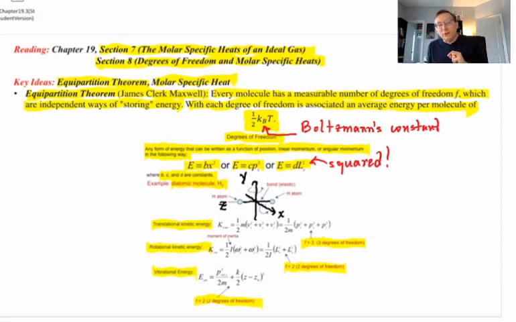For the rotation, you can actually have 3. You can have rotation about all 3 axes, x, y, and z. So the rotational degrees of freedom can go to 3. And the vibration can be even more complicated, depending upon how many molecules there are. So with polyatomic, it can get pretty complicated. We're not going to spend much time talking about that.